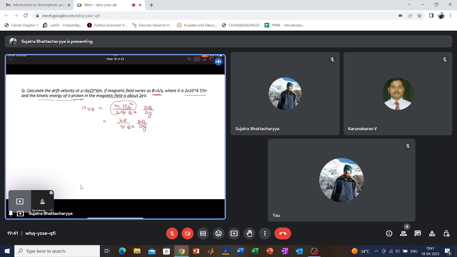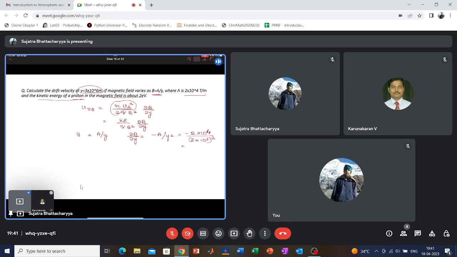Okay. So first let us find out B is equal to, see, A by Y. So what is delta B by delta Y? It is minus A by Y square. Okay. And we have to calculate where? At Y is equal to 3 into 10 to the power 6. So we know the value of A. So 2 into 10 to the power 4 divided by, now this Y square is 3 into 10 to the power 6 whole square. Right?